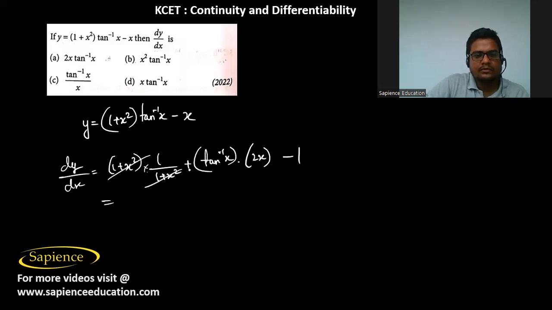So these two will cancel out. So then dy by dx will be equal to 2x into tan inverse x minus 1.